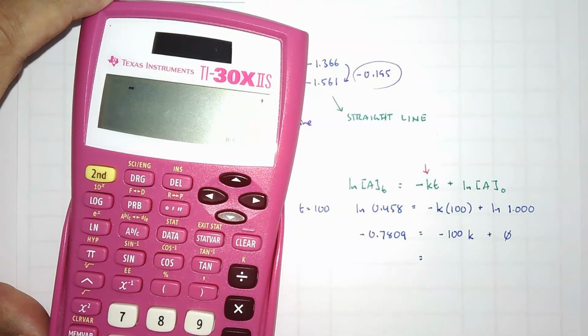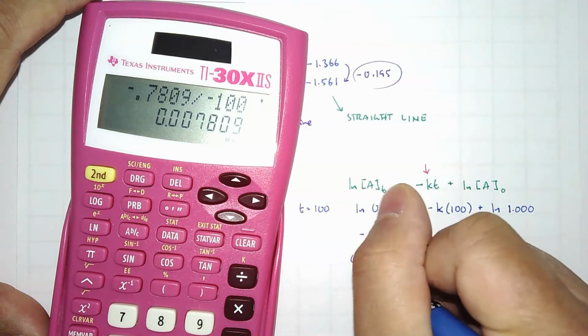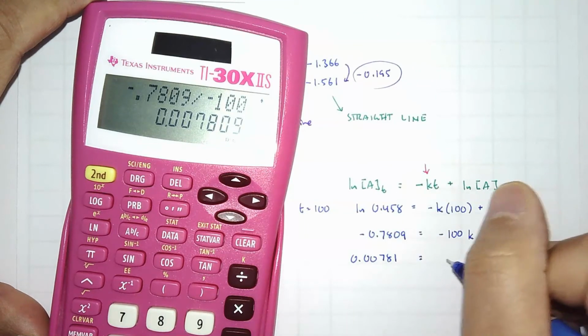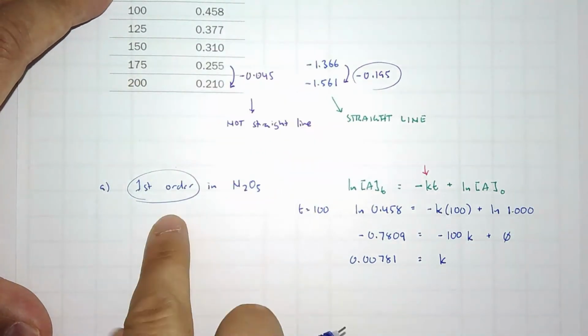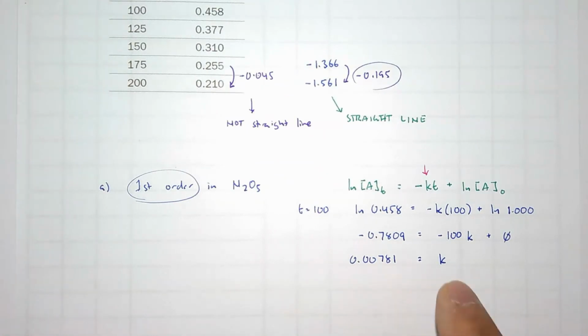Negative 0.7809 divided by negative 100. Okay. 0.00781 equals k. Now it is first order, and you know that you're expected to give the units for k, little k.